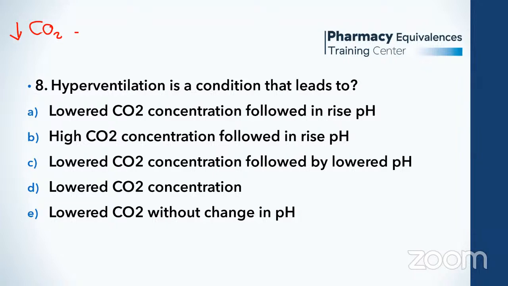This results in what? If carbon dioxide decreases, the pH increases. The blood is converted to the alkaline side. It will be more alkaline. So we will have a case of alkalosis. But this alkalosis is called respiratory. Why respiratory?